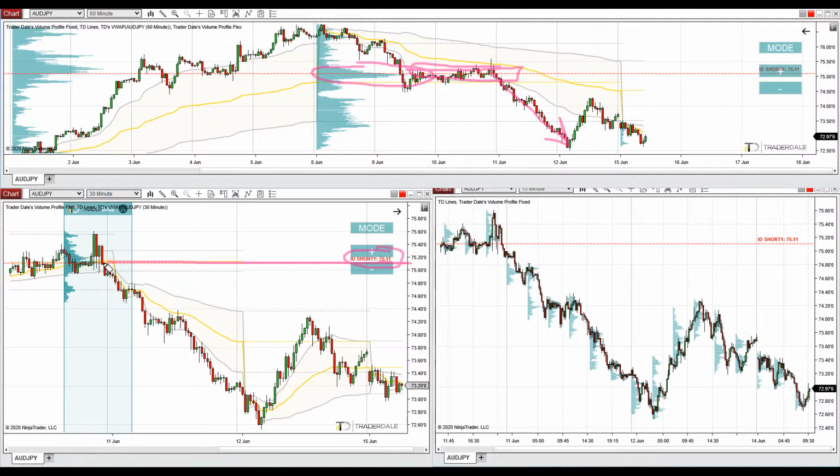I placed it a little bit higher, and the reason is I looked at the volumes which got created in this rotation, the rotation before the strong selling activity, and as you can see, the heaviest volumes right before the start of the sell-off were in here, which is a little bit above the weekly point of control, which would be in here.